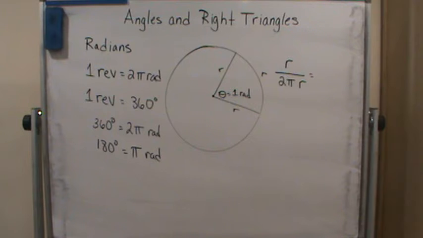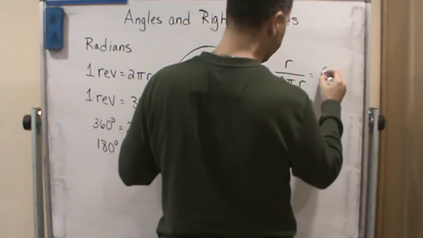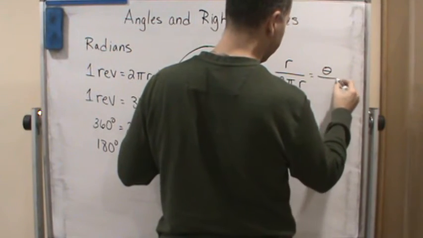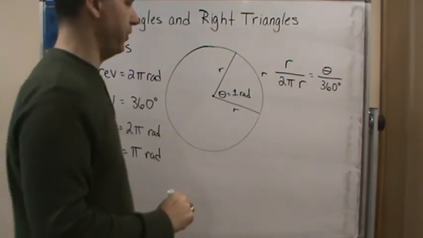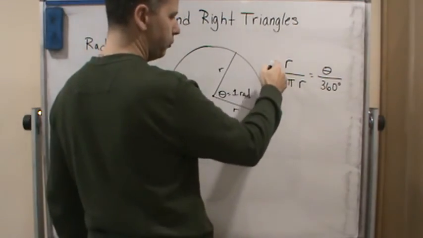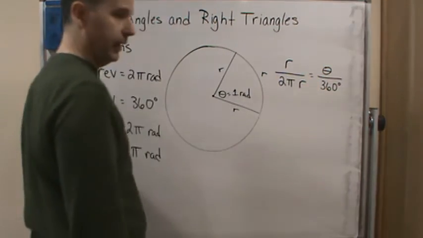Well, in degrees, how are we going to get that in degrees? Well, it's going to be theta divided by 360 degrees. So this ratio of radians should be equal to this ratio in degrees, right?